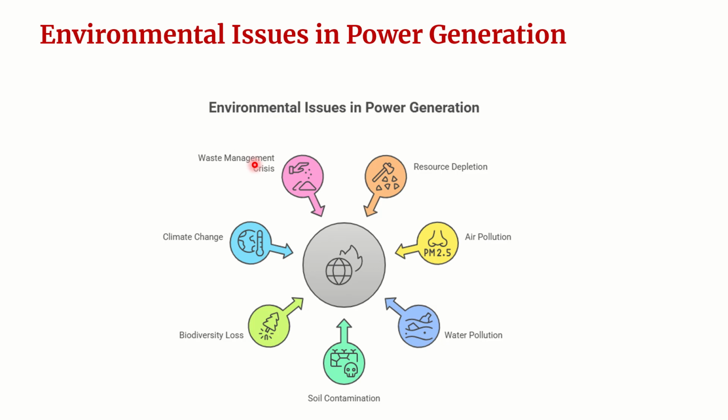The waste management crisis, so the ever increasing generation of municipal solid waste, industrial waste, and also hazardous waste, often exceeding some safe disposal capacities, leads to landfill issues, incineration challenges, and environmental contamination. So the shift towards a circular economy is a crucial point here.